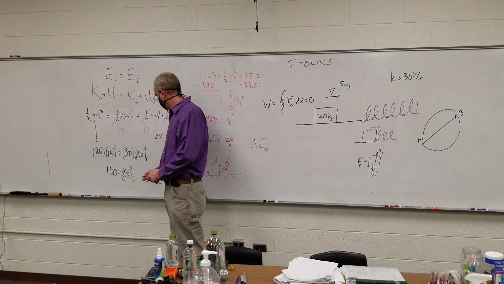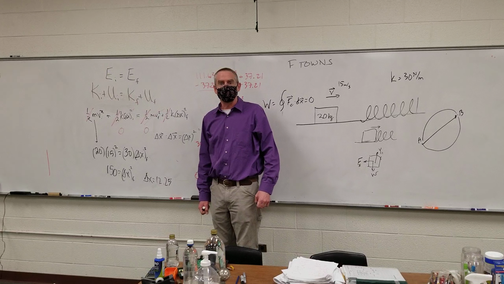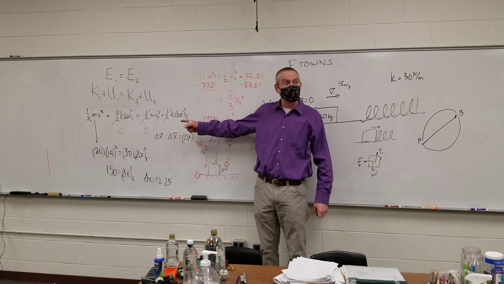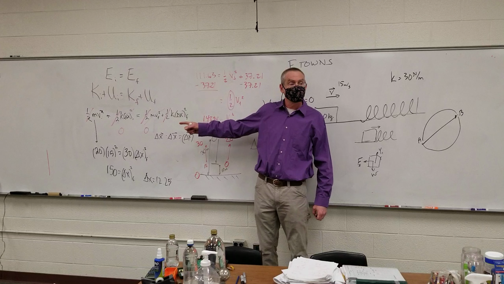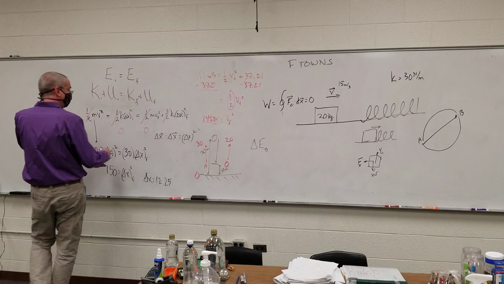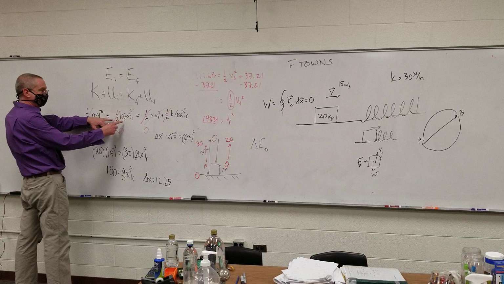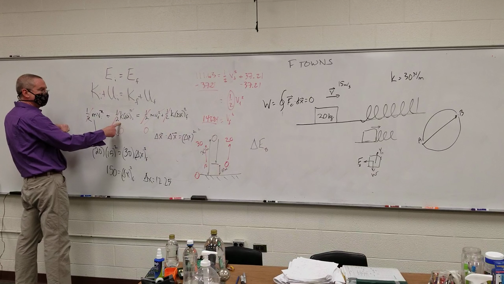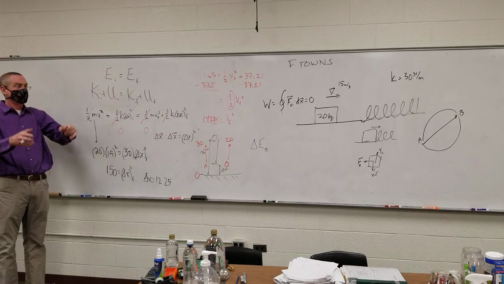All right, so I think there's two questions on the floor here. Hope, what was your question first? Just the last thing you got rid of. I understand why you got rid of mv squared on the right-hand side. I got rid of this one because before this is initial, this is before it hits. The spring is sitting there in its natural position.